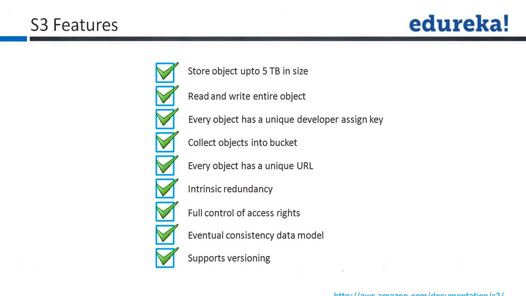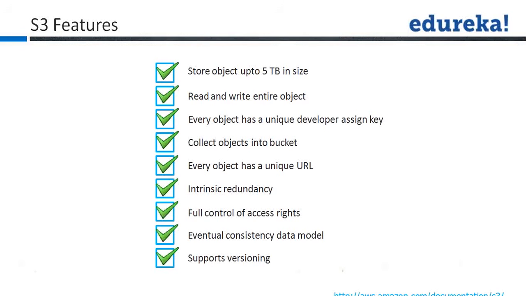One more aspect which is very important is that it supports versioning. Somebody just asked me about write once, read many times. Generally, whenever you upload an object, it overwrites an existing object. Now, if you want to keep a backup of the original object, you need to enable versioning.